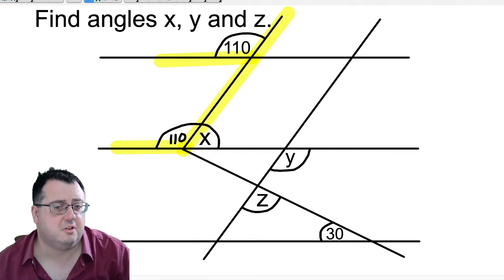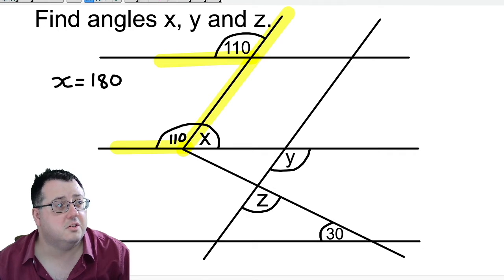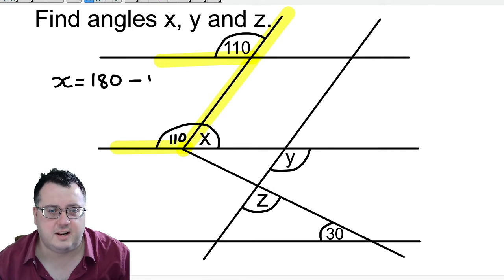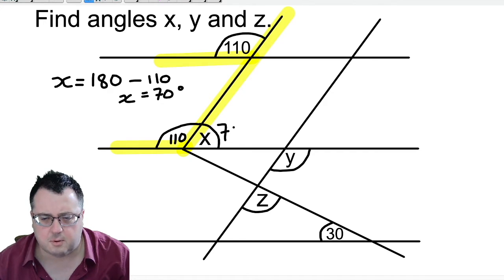X, because it's on a straight line with that 110, x must be equal to 180 subtract 110, which is 70. I'm going to put that in there.